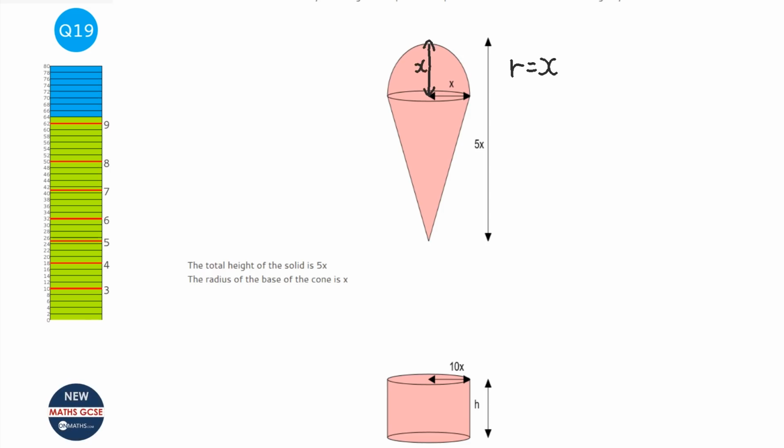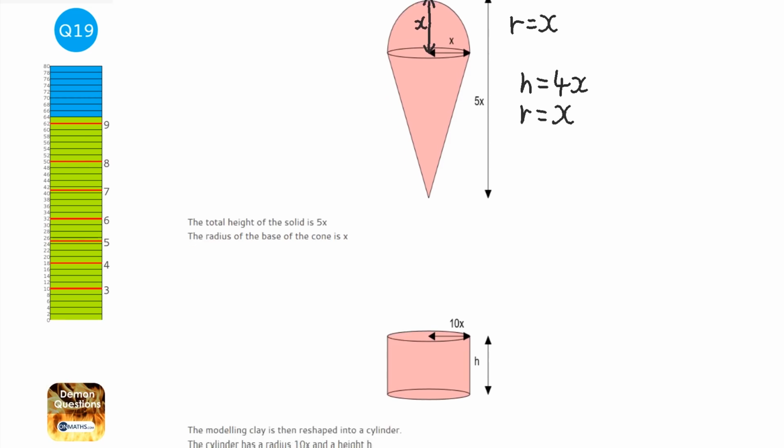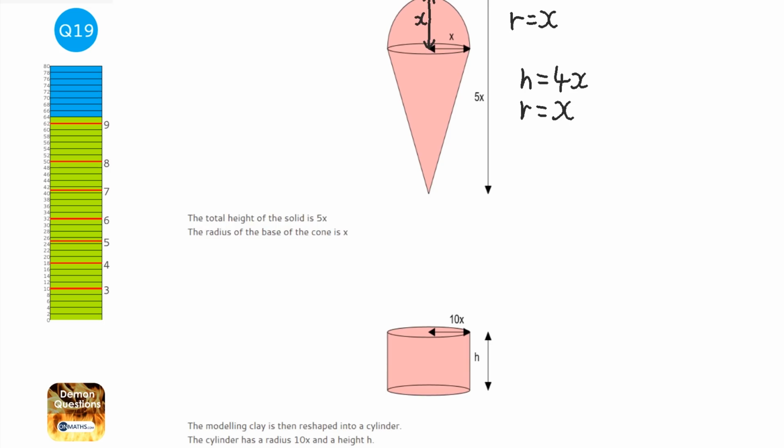So we know the height of the cone is going to be 4x because one of those x's is used on the hemisphere. We know the radius of the cone is going to be x because it's stated at the top. So let's keep going. The radius of the cylinder is going to be 10x. And the height is just labelled as h. So that's nice and simple.